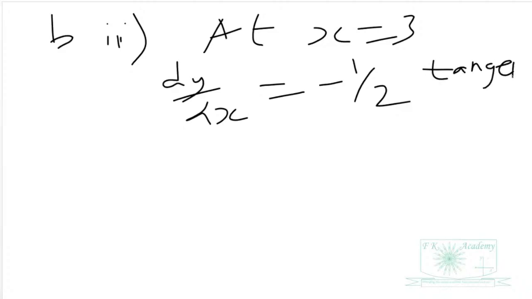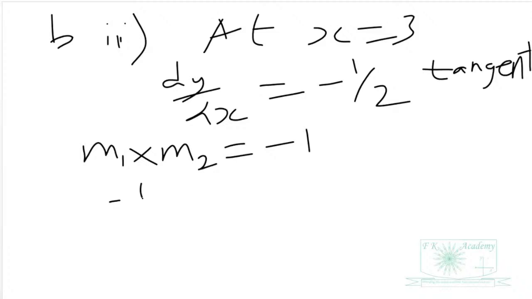This time we want the equation of the normal, so we have to find the gradient of the normal. Note that the gradient of the normal, m1, times the gradient of the tangent, m2, will be equal to negative 1. So if the gradient of the tangent is negative 1 over 2, when you multiply it by the gradient of the normal, we should get negative 1.